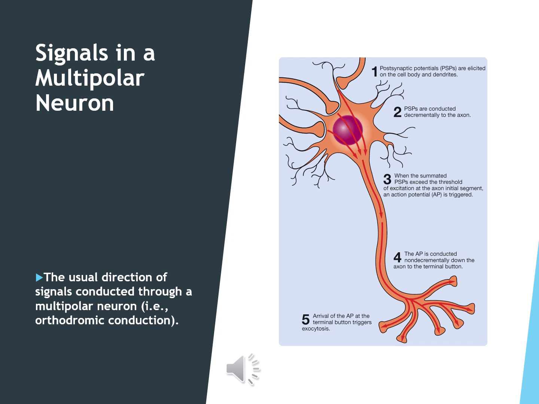The PSPs are conducted decrementally to the axon, and when the summated PSPs exceed the threshold of excitation at the axon, an action potential, or AP, is triggered. The AP is conducted non-decrementally down the axon to the terminal button, and the arrival of the AP at the terminal button triggers exocytosis.